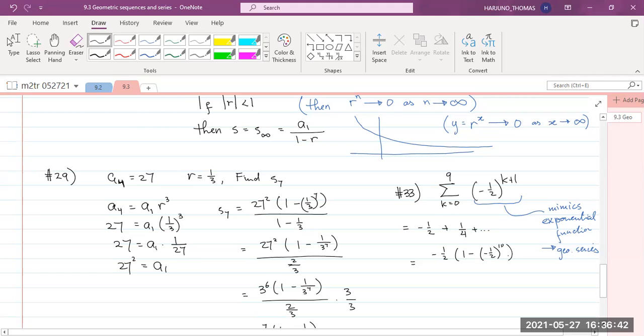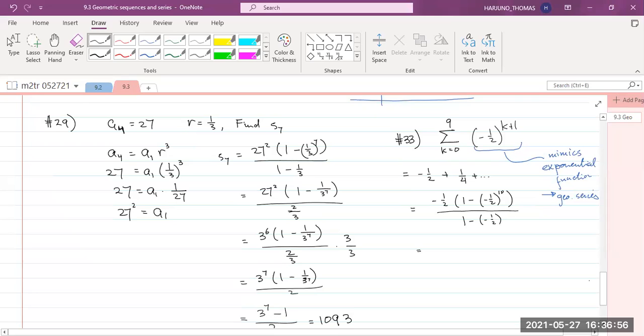There are 10 terms there, not 9 terms, 10 terms, over 1 minus negative 1/2. So negative 1/2, times 1 minus 1 over 2 to the 10th, over 3/2.